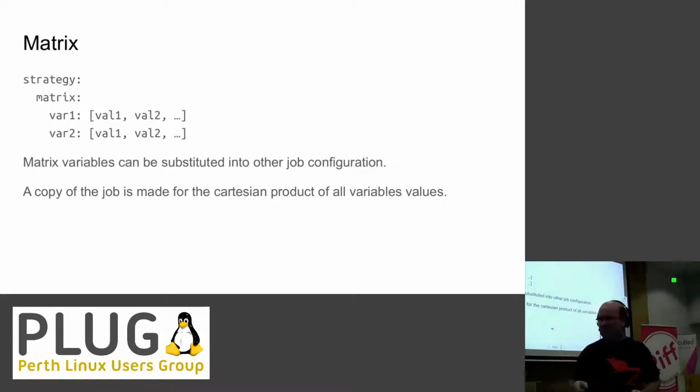So in this case, if I've got 2 values for each of the keys, then I would get 4 jobs. So value 1, value 1, value 1, value 2, value 2, value 1, value 2, value 2.